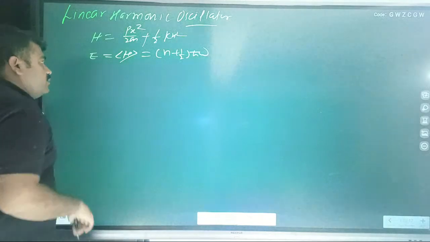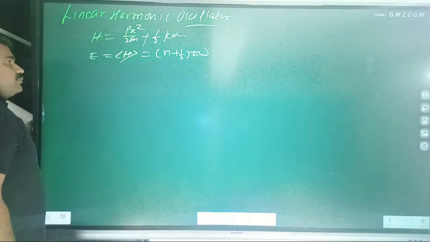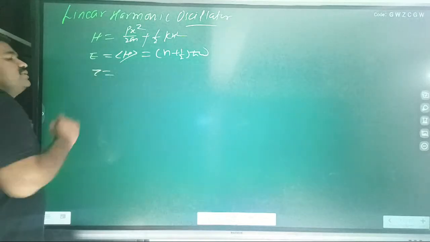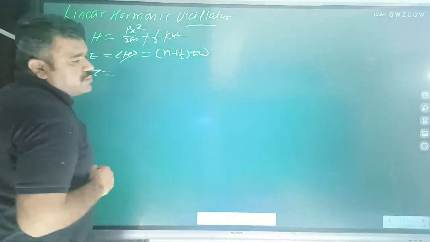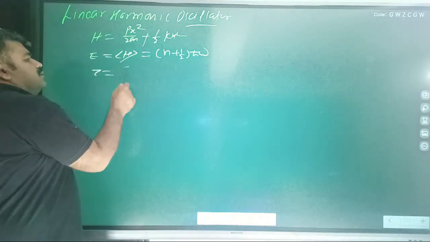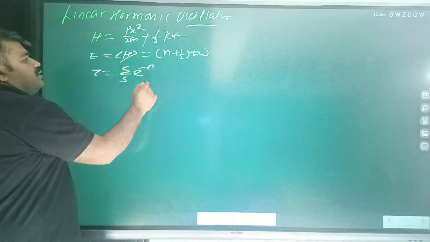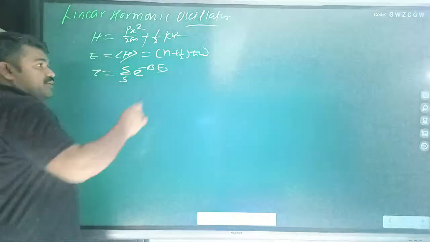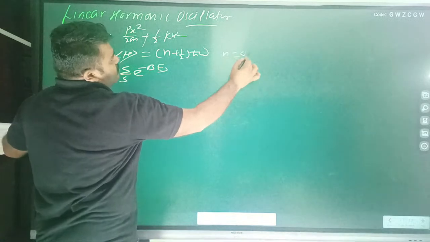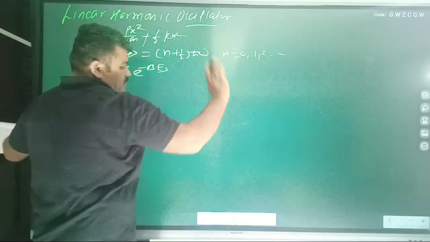But once you know the energy, then we can find out the partition function. Partition function is equal to summation over s of e to the power minus beta E_s. Now here n is not constant; n is a variable. This n is equal to 0, 1, 2, up to infinity.